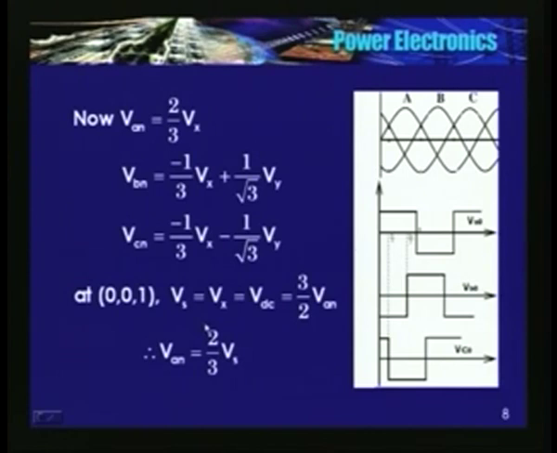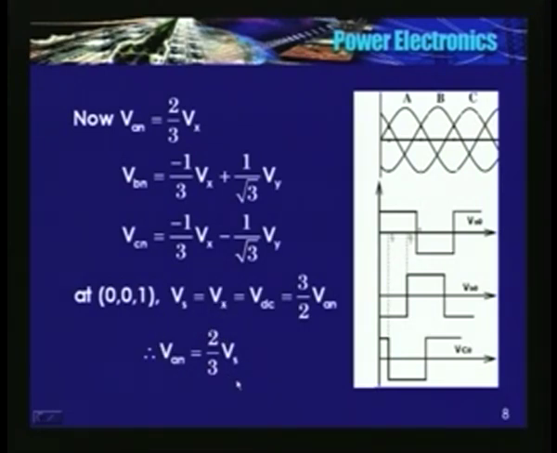In my last class, I derived an expression wherein Vx is equal to 3 by 2 times VAN. I will repeat: for 0, 0, 1, Vs is equal to Vx, Vy is 0, and that is equal to VDC itself, and the relationship between Vx and VAN is Vx equals 3 by 2 times VAN. Therefore, VAN is equal to 2 by 3 times Vs.